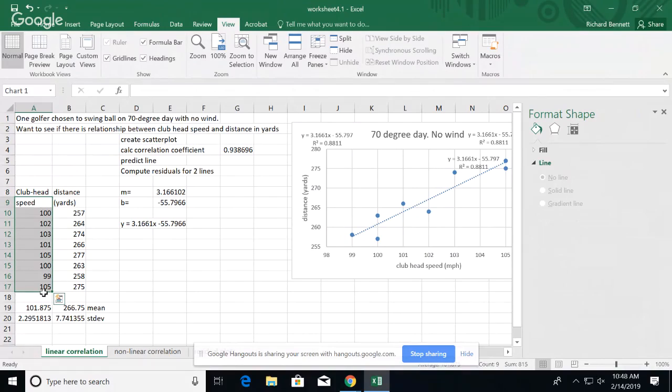Now, we can use this equation right here, and I want you to use the equation to predict a 104 mile per hour swing.